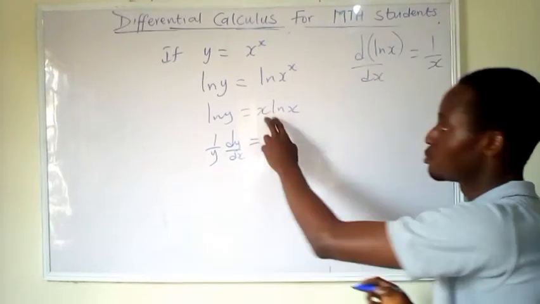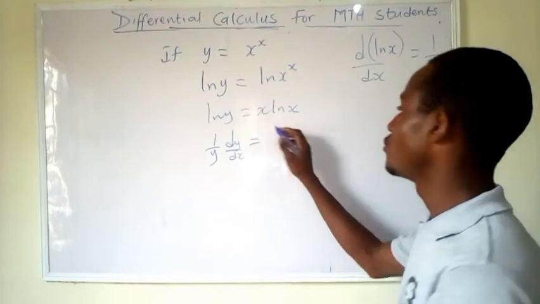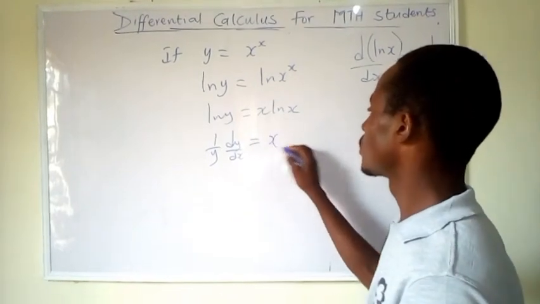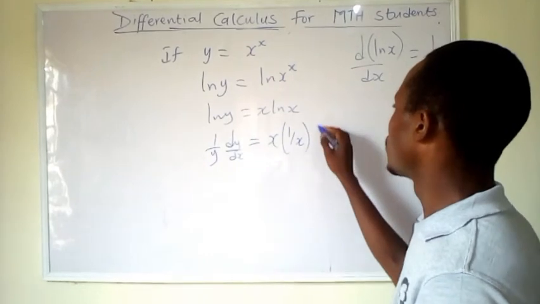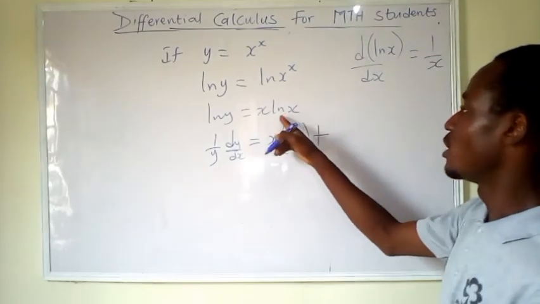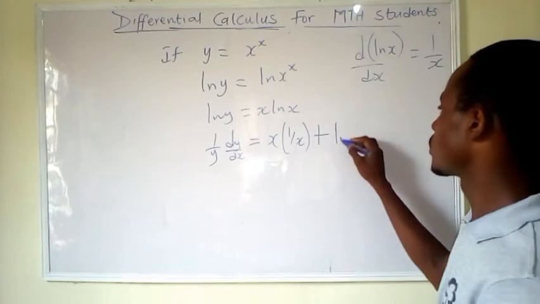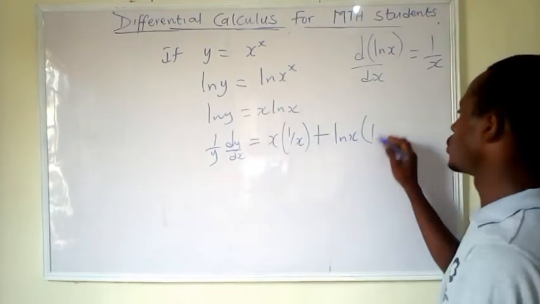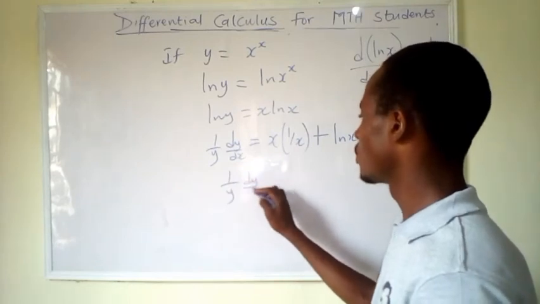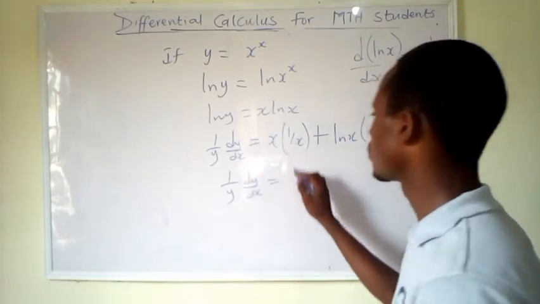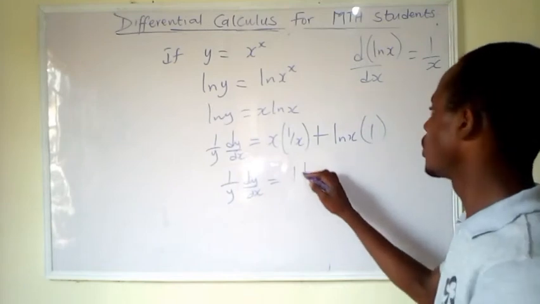All equals, I'm using the product rule here, and that will give me x times the derivative of ln x, which is 1 over x, plus, according to the product rule, the next times the derivative of x, which is 1. And that will give us 1 over y dy/dx all equals 1, please cancel this, plus what?